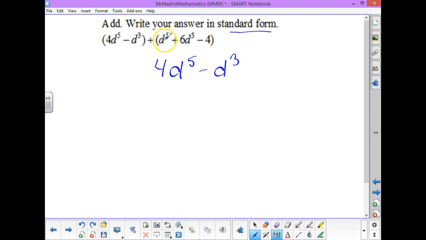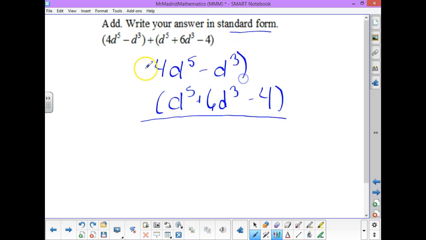So I'm going to line up the common terms. This was a d to the 5th. Next I have a plus 6d to the 3rd. I wish this one was lined up a little better, so we're going to do that here. Plus 6d to the 3rd, so they're lined up, and then minus 4.